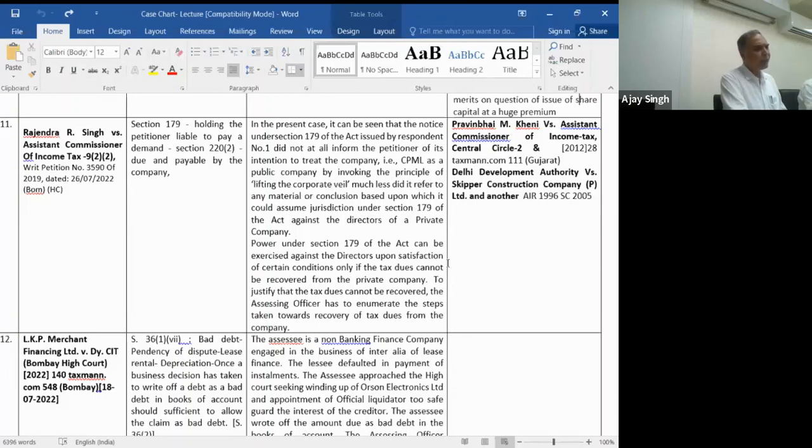claim of the assessee. The assessee approached the Bombay High Court.